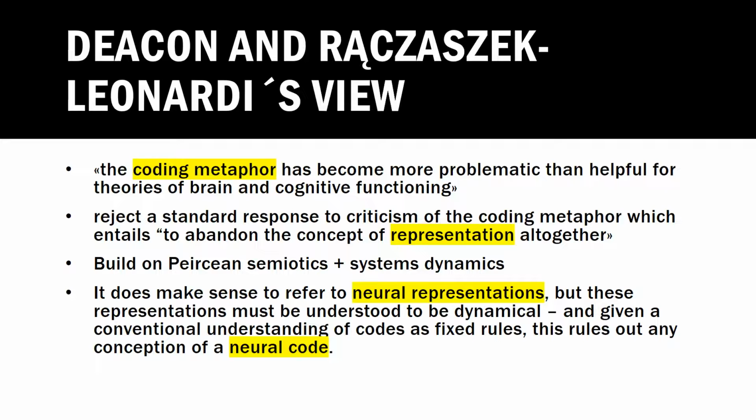And they build on Peircean semiotics combined with systems dynamics and try to develop an alternative view where they think it makes sense to refer to neural representations, but stress that these representations must be understood as dynamical and given a conventional understanding of codes as fixed. This rules out a conception of a neural code. So they say that term is out of place. It doesn't help understanding these phenomena.